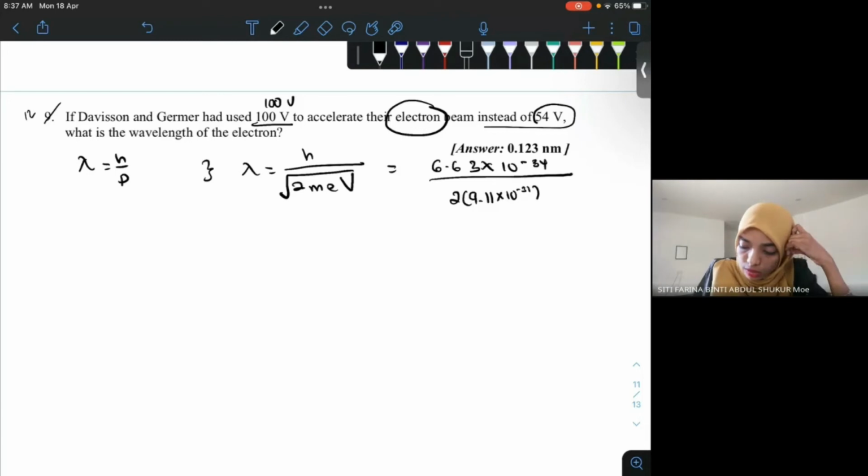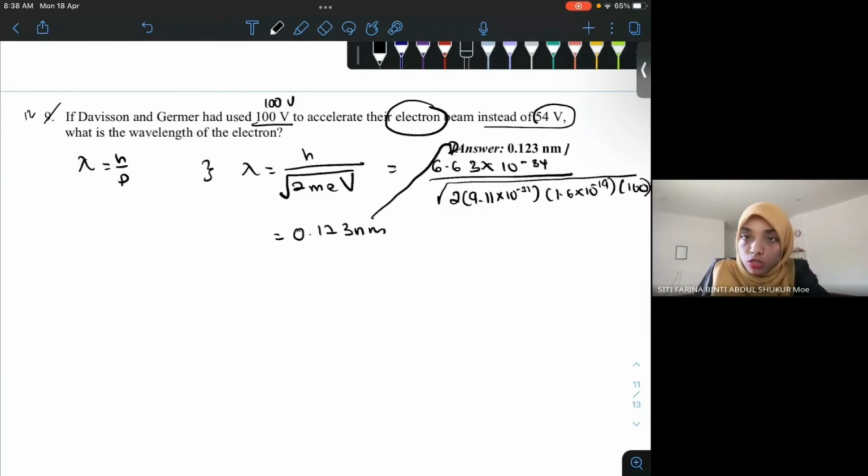Negative 31. And then ini akan jadi 1.6 negative 19. 100 lah sebab sekarang we are talking about 100 instead of 54. Kalau dia guna 100, kita nak cari apa akan jadi kepada wavelength kita. Inilah. I assume there is no problem. Awak akan dapat 0.123 nanometer.